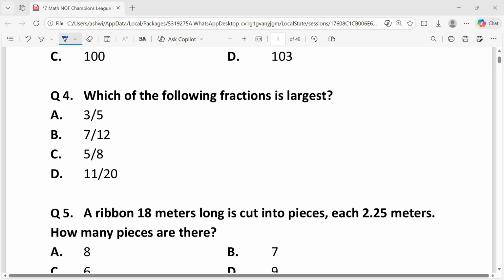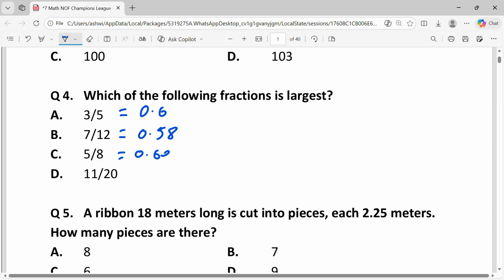Question 4. Which of the following fractions is the largest? Converting each fraction to decimal equivalent for easy comparison, 3 by 5 is equal to 0.6. 7 by 12 is equal to 0.58. 5 by 8 is equal to 0.625.